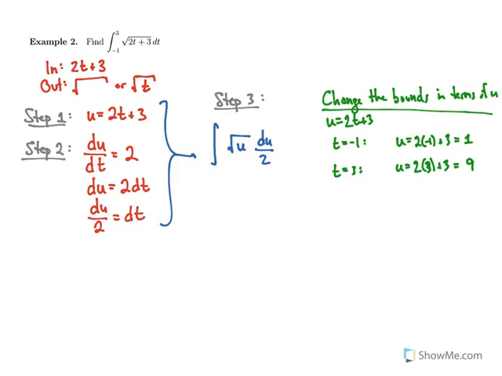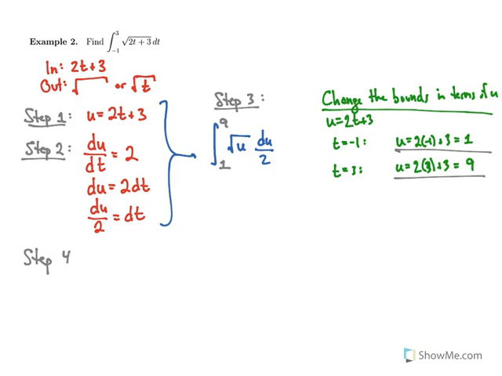So the bounds on our integral are these new values, 1 and 9, not the -1 and 3, because we need those to be u values. That's the extra thing that we have to do with definite integrals.